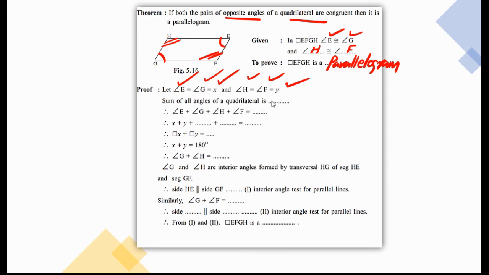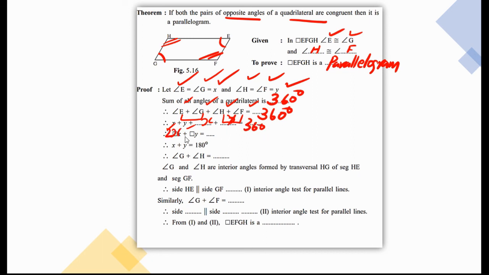Sum of all angles of a quadrilateral is 360 degree. That means angle E, angle G, angle H, angle F total करिएगा तो 360 degree होगा. लेकिन हमने already बोल चुका है E is equal to G and H is equal to F, and we have also said that E and G is equal to X and H and F is equal to Y. That means we are adding 2X and 2Y, correct, which is equal to 360 degree.